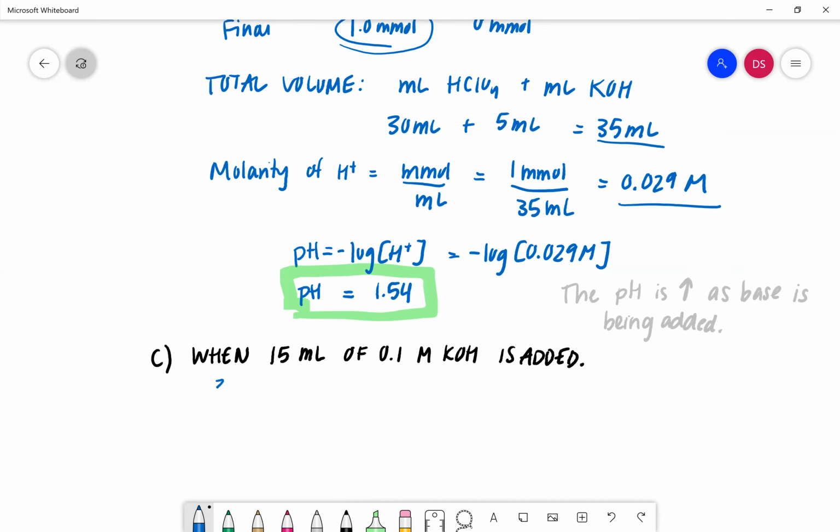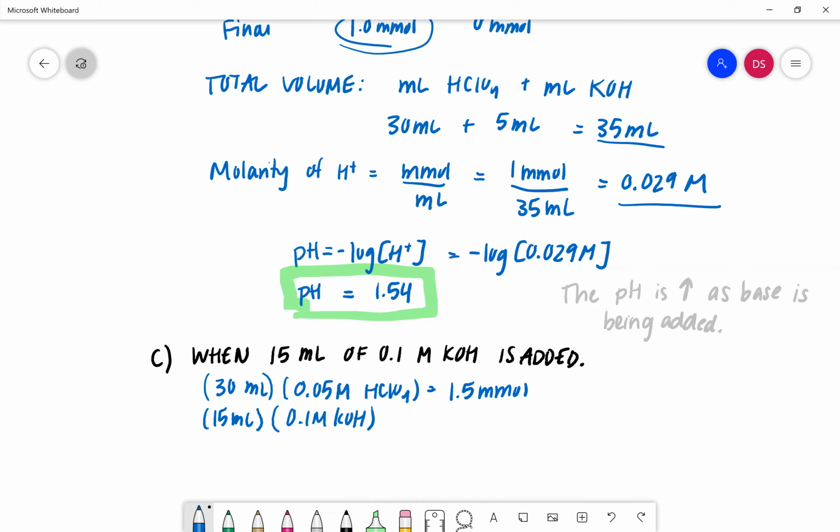Using what we had before, we have 30 milliliters times our acid concentration, 0.05 molar HClO4, giving us 1.5 millimoles. And now we have 15 milliliters of potassium hydroxide multiplied by 0.1 molar KOH, giving us 1.5 millimoles.